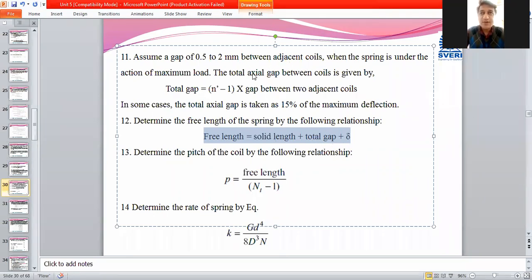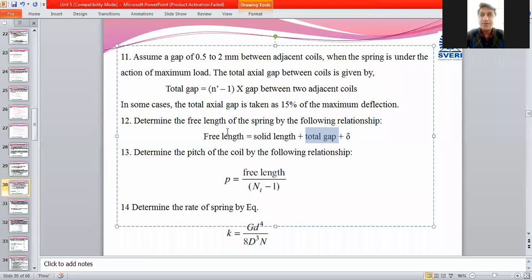This total gap is assumed, 0.5 to 2 millimeter, when maximum load is applied on the spring, or you can use the 0.15 factor as the total gap, or calculate the total gap by this formula. Plus delta, that is the maximum deflection of that spring. And this will become the total length, that is the free length of the spring.